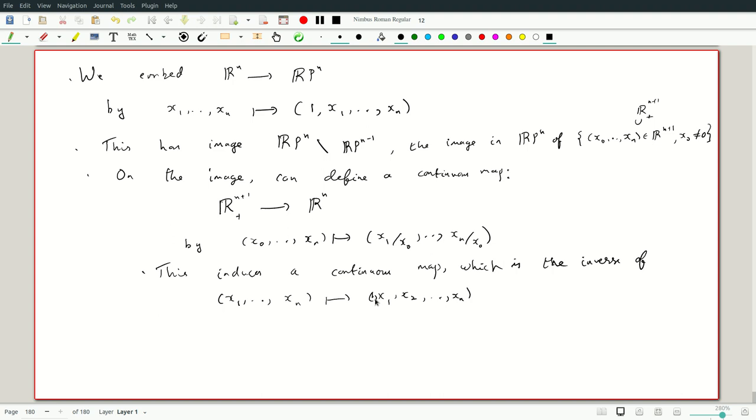So there's a natural inclusion. This was Cayley's trick inclusion, except that I've put the coordinate in the first instead of the last, the extra 1 padding coordinate. So you include things by putting 1 and then taking these.